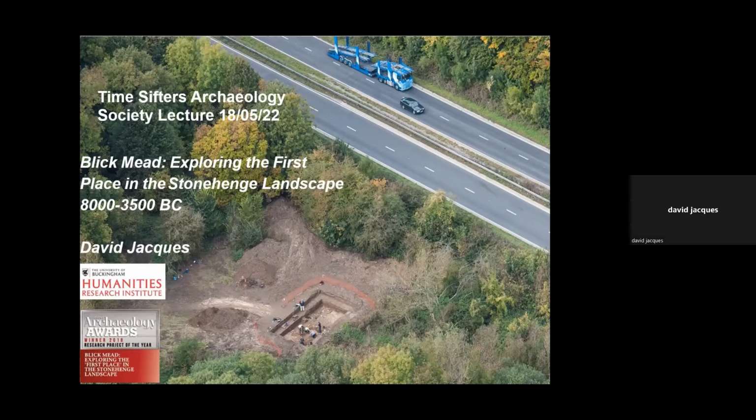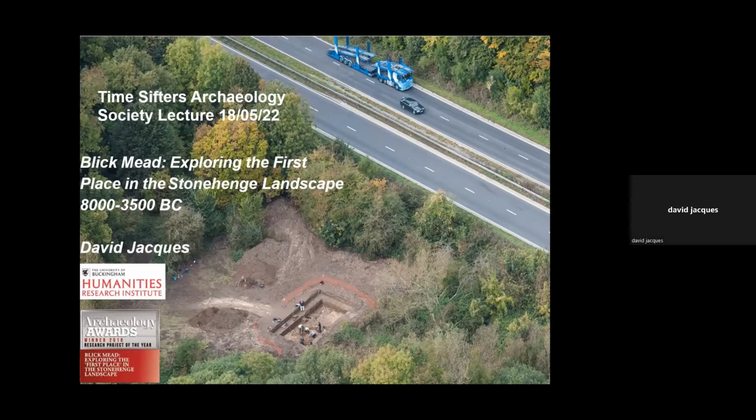And estimates before Blick Mead were that the entire population of Great Britain and Ireland wouldn't have been more than about 5,000 people at this time. That's one of the special things about the site, that it's completely breaking down some of the shibboleths that we've had about what Mesolithic people do, and indeed how many people there might have been.